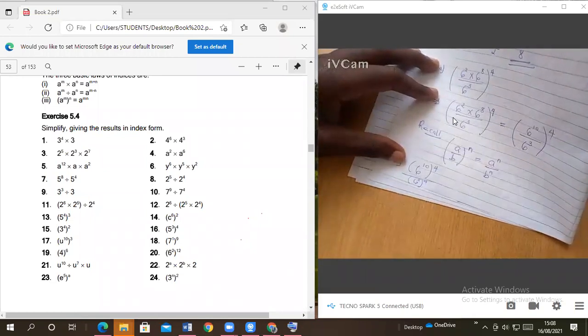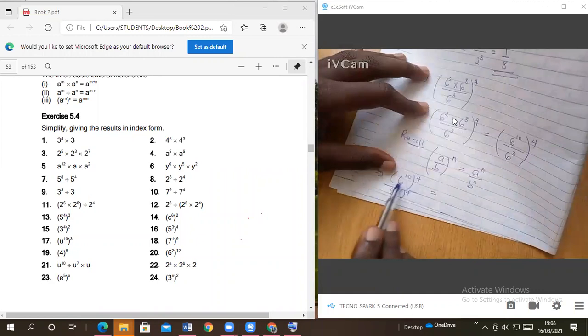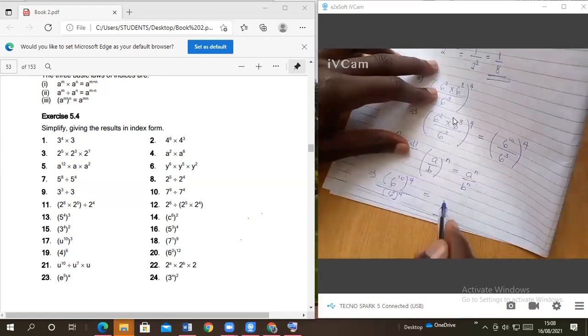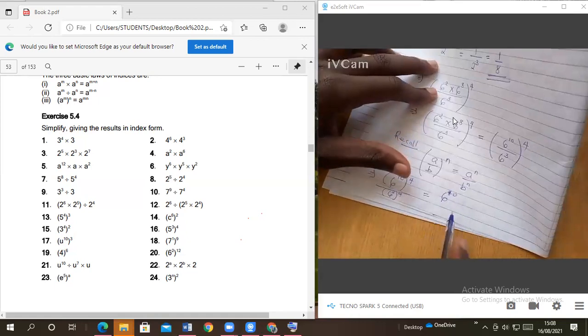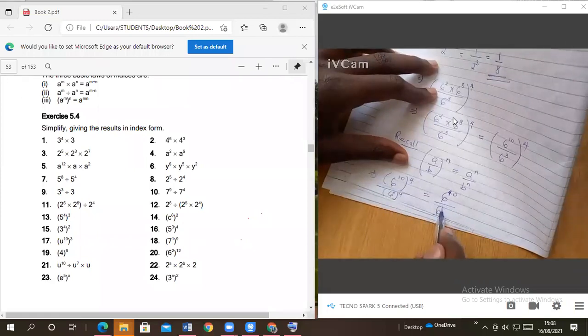When a number is raised to another power, we multiply the powers, right? So this will give us 6 to the power 40, divided by 6 to the power, 3 times 4 gives us 12.